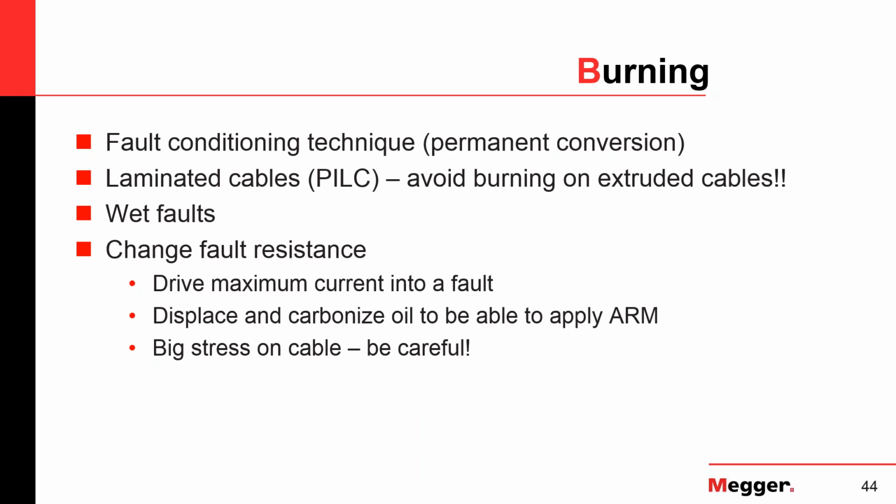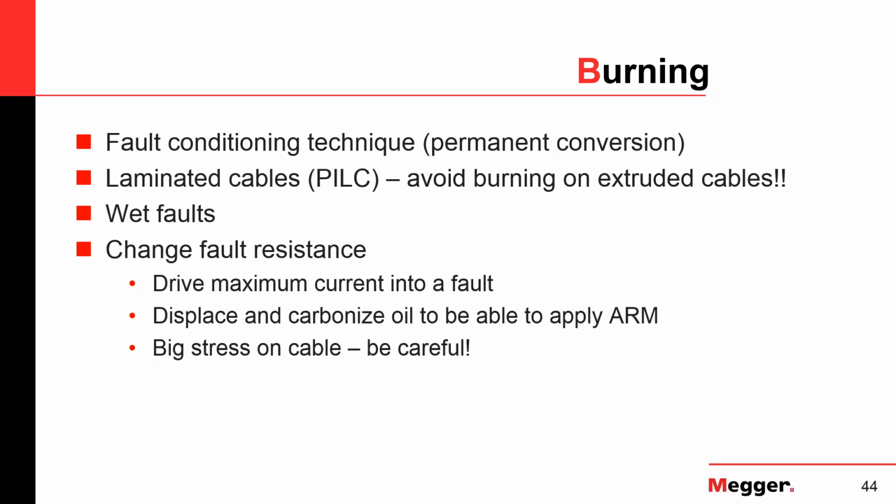So what you try to do with the burning is you try to condition your fault. You try to carbonize the fault location. You carbonize, you change the chemical properties of the oil, and you create a carbon path, like a track. And therefore, the resistance of the fault is reduced, and then you can use the arc reflection method.